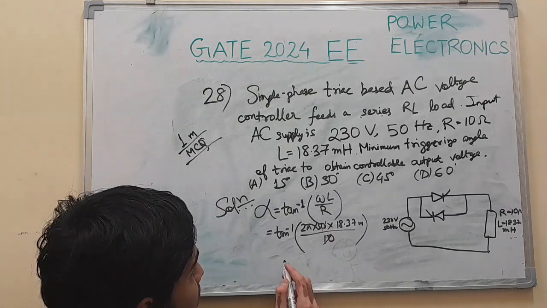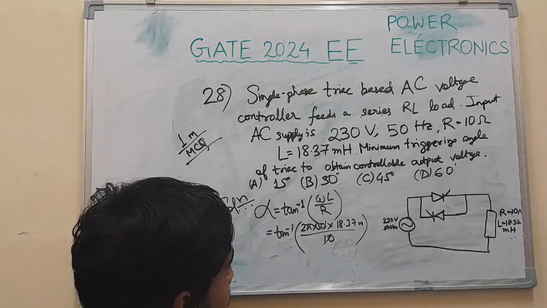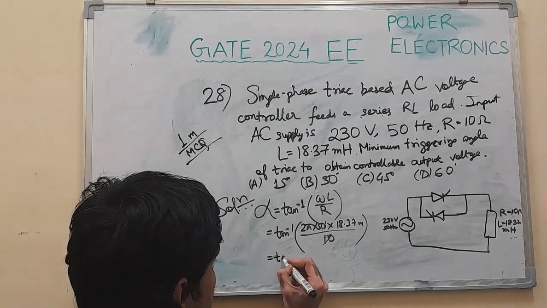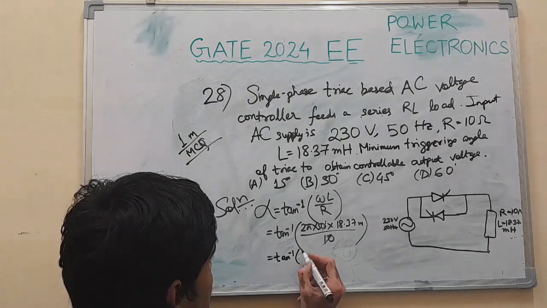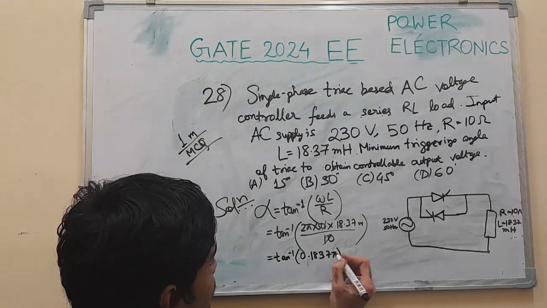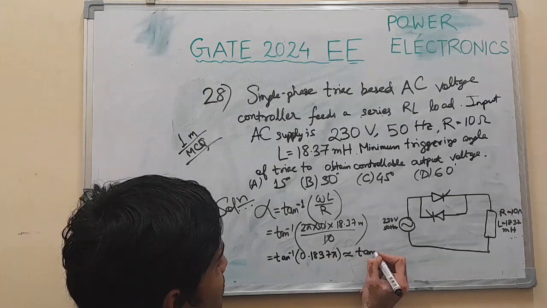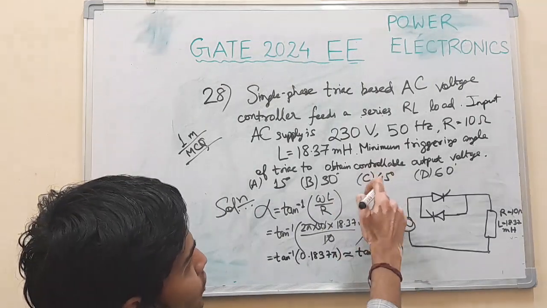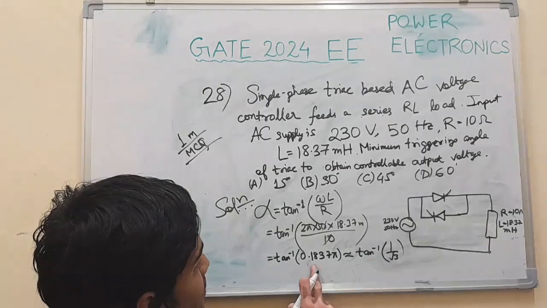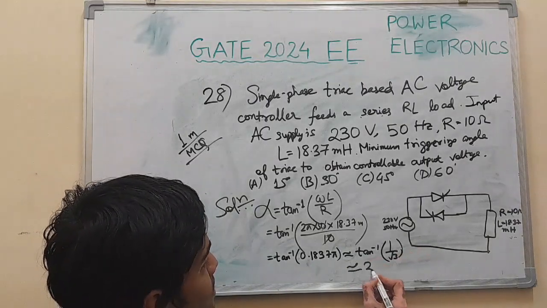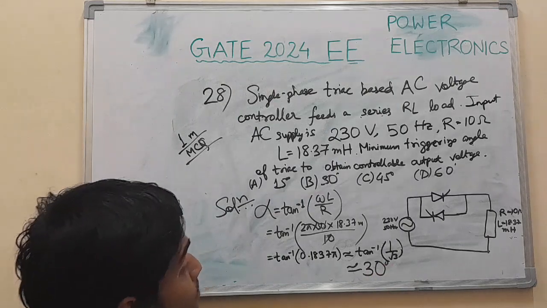This will be around tan inverse of 0.13837 pi, which is nearly equal to tan inverse 1 by root 3. If you calculate on the calculator, this comes nearly equal to 1 by root 3. So it is nearly equal to 30 degree. Very simple.